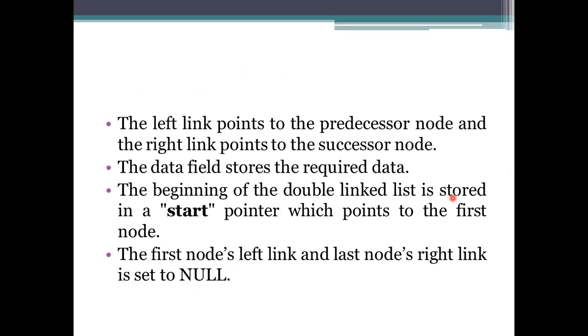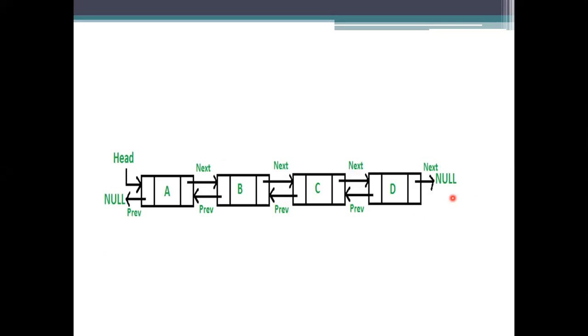And if you have elements there, you can easily specify what the predecessor is and what the successor is. Here the left link and the right link, in the initial state, will be represented as null. If not, you will give the data here.